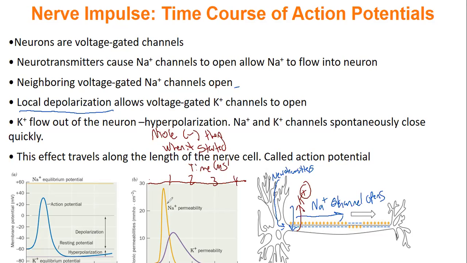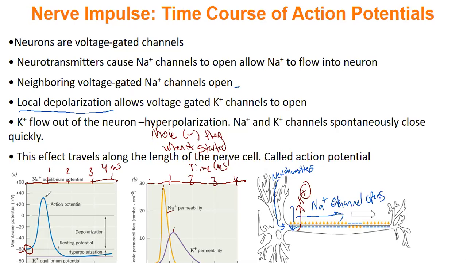So first our sodium channel opens, then our potassium channel opens. Here is our membrane potential. At time 0, we are at -60, right? And the scale of the x-axis is the same as well. So that's 1, 2, 3, 4 milliseconds.